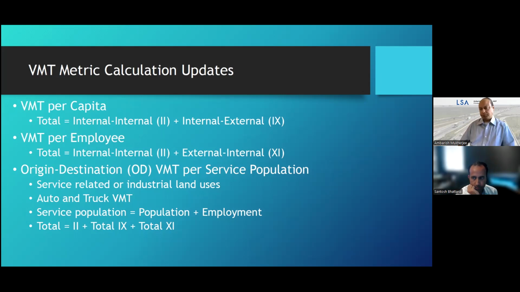The other thing for OD VMT per service population is typically, at least we'll speak for ourselves, to use autos and trucks VMT, as we have seen quite a bit of questions being asked by SQL attorneys and such. So our suggestion was to add auto and truck VMT together. Can you go to the next one?